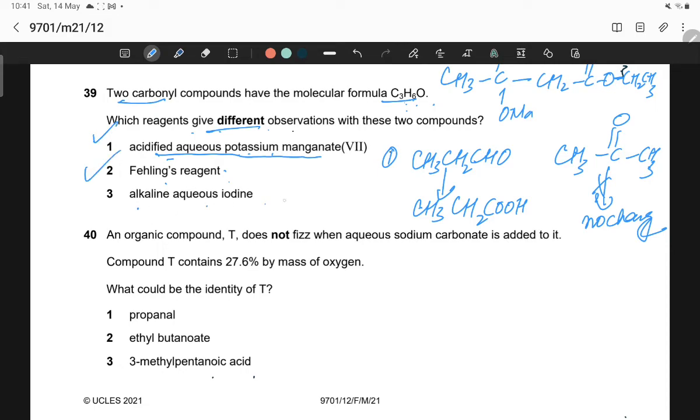Alkaline aqueous iodine gives a yellow precipitate with ketones because CH3 is directly linked to the C=O, so it gives the yellow precipitate, but no change with the aldehyde. So this also gives two different observations, so this is also correct. So if 1, 2, 3 are correct, then the option is A.